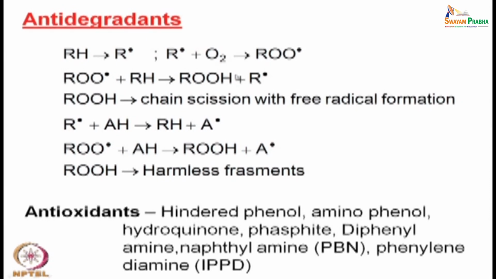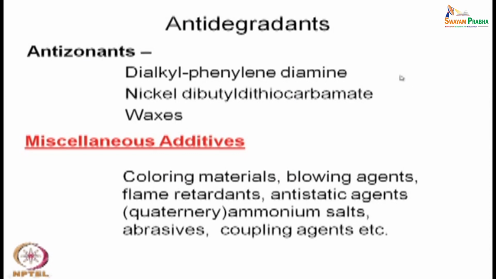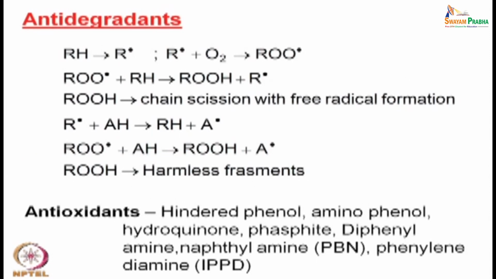This is again more reactive and more harmful than the R radical or peroxy radical. It forms hydroperoxide as well as generating one more free radical. So, a chain reaction is initiated, gradually increasing in rate and in the concentration of these radicals, and that leads to chain scission, breakage of the rubber chain, with free radical formation.